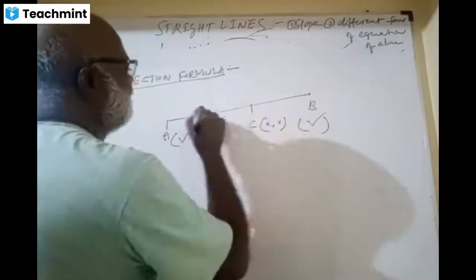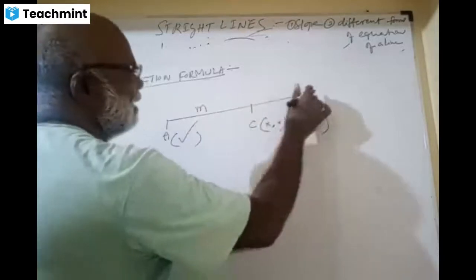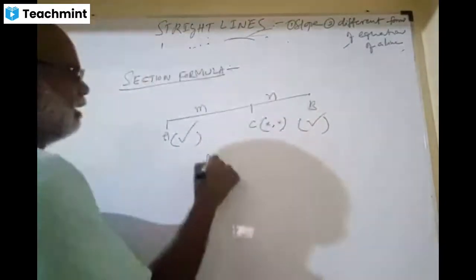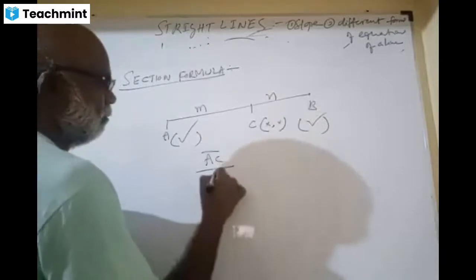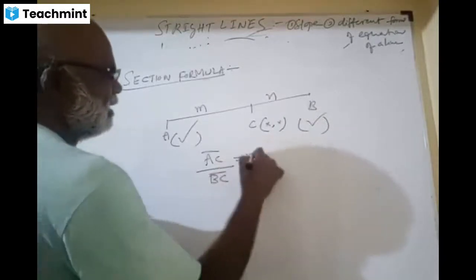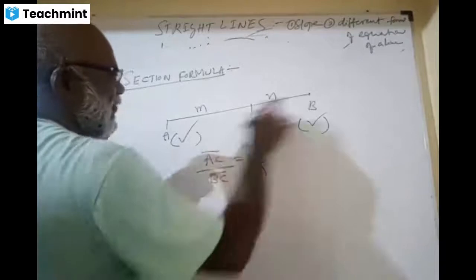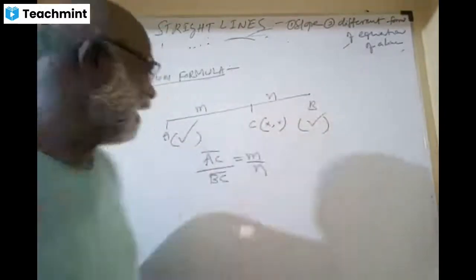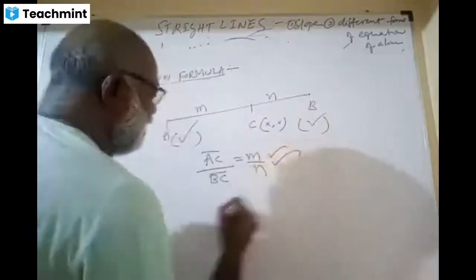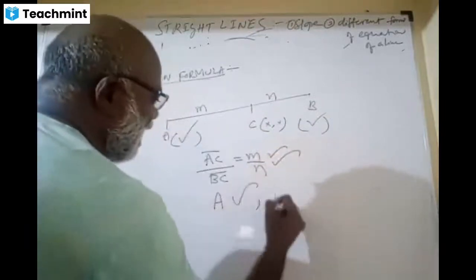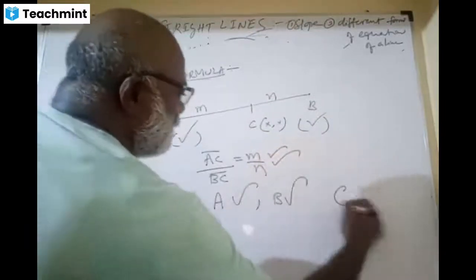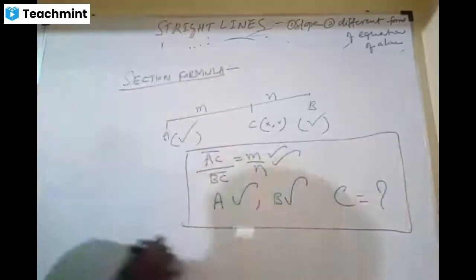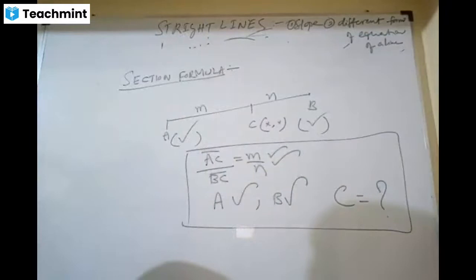When this point C divides this line segment AB in the ratio m is to n, that is, AC by BC is m is to n, with A given and B given, the issue is how to find C. This is the story of your section formula.